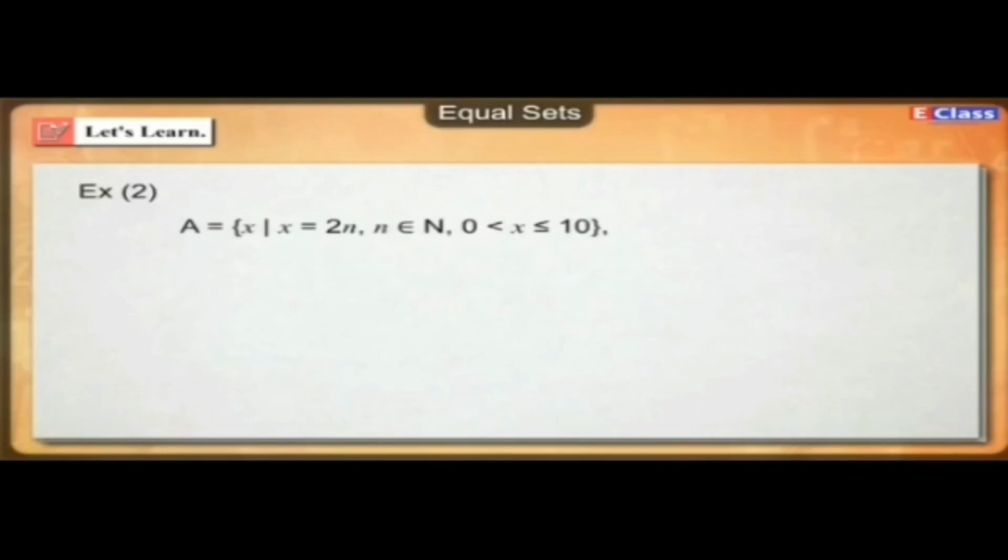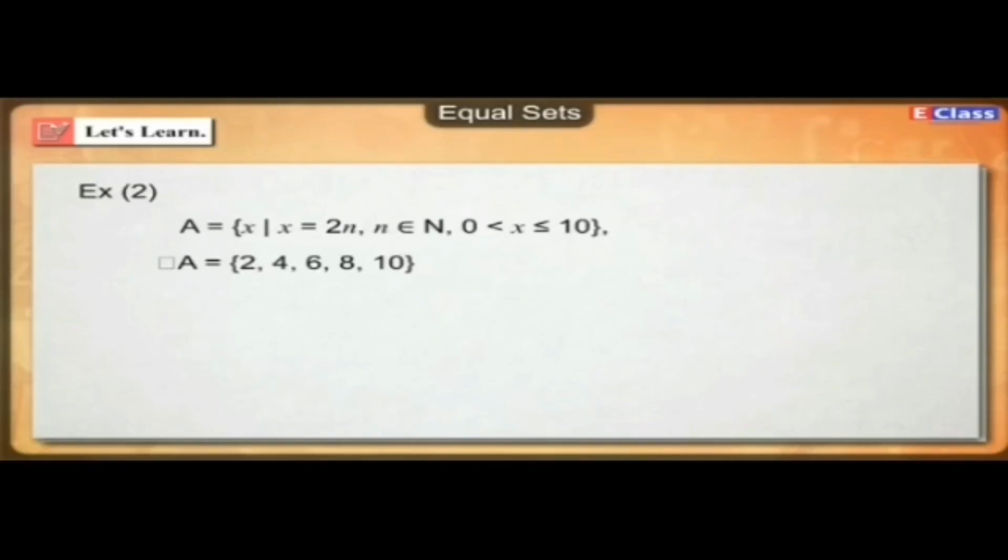Let's consider one more example. Set A is equal to {x such that x = 2n and n belongs to the set of natural numbers and x is greater than 0 and less than or equal to 10}. So if we write it in the listing method, it will be {2, 4, 6, 8, 10}.